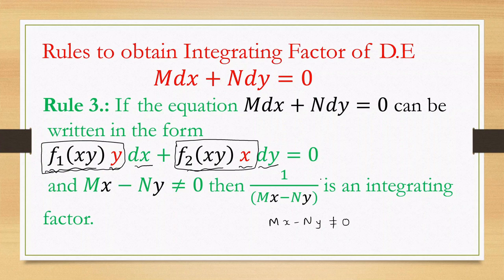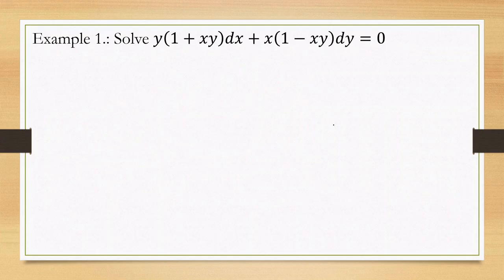Now let us see examples on rule number 3. Solve y into (1 plus xy) dx plus x into (1 minus xy) dy is equal to 0.